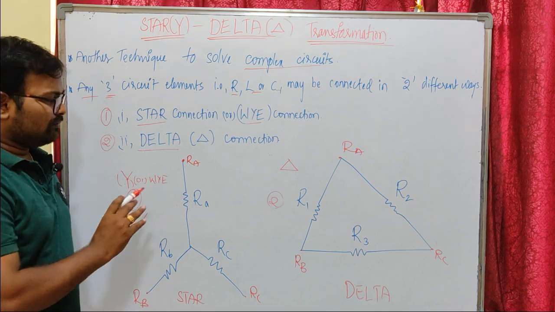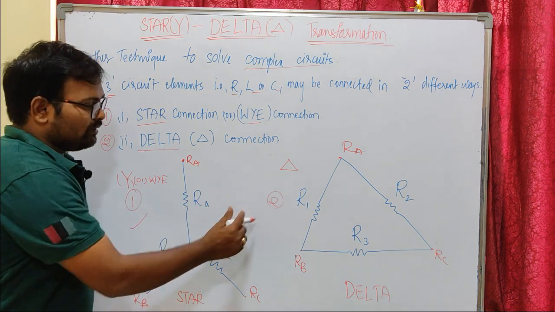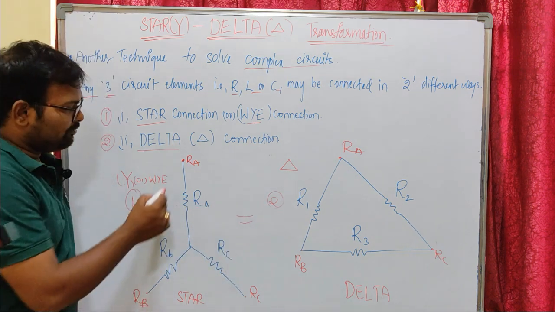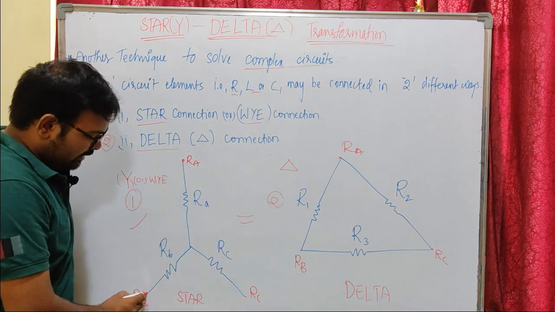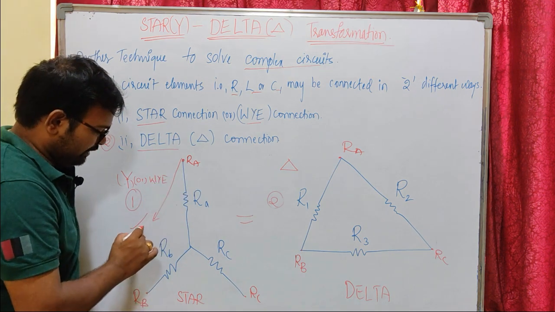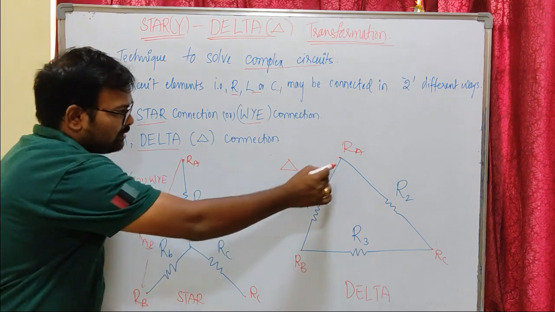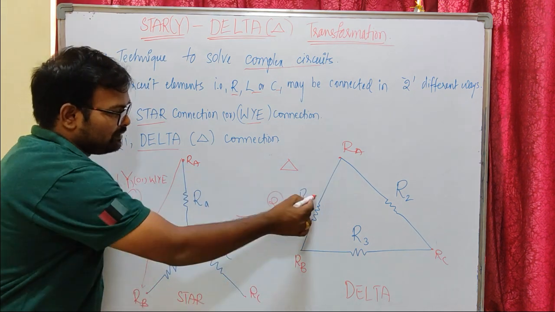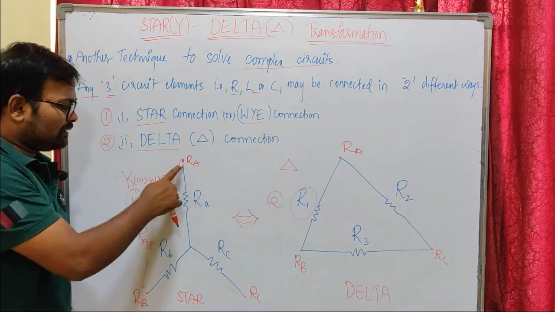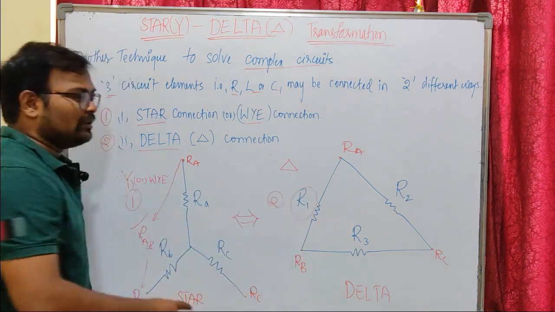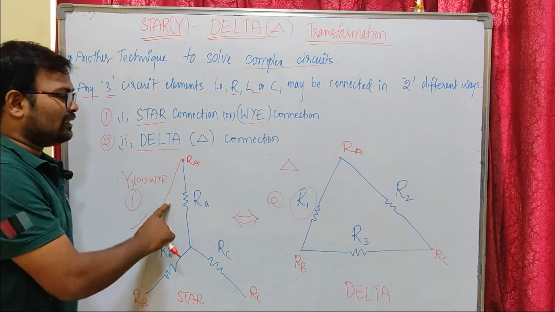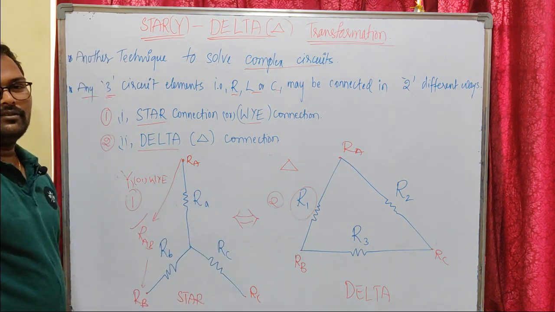These two circuits are technically equal if the resistance between these two points, RAB, resistance between RA and RB, and here also the resistance between RA and RB is R1, is equal for the respective circuits. Then the star connection and delta connection are said to be equal networks.